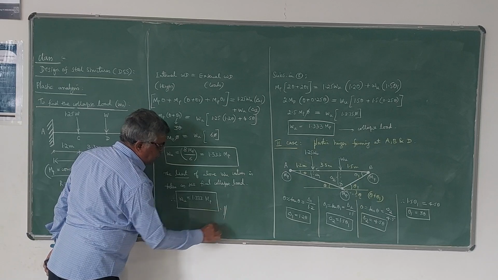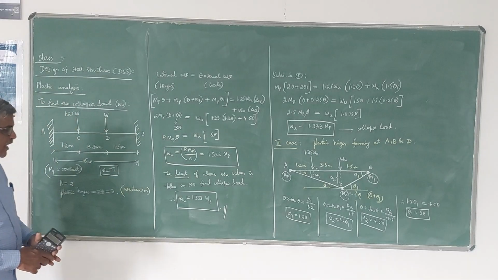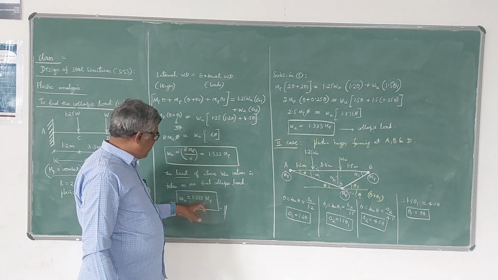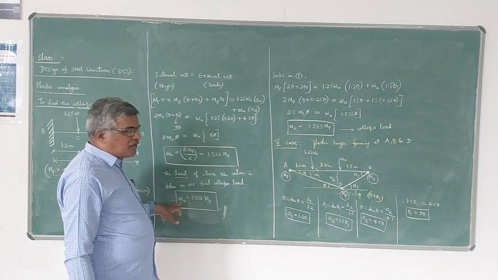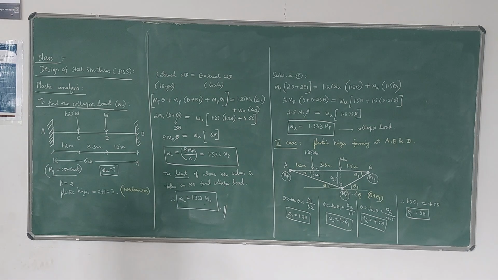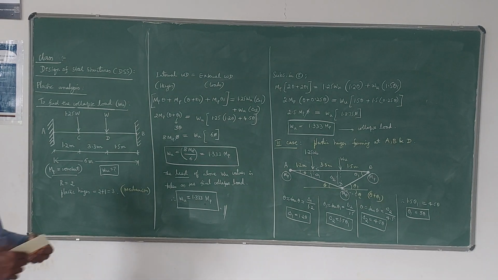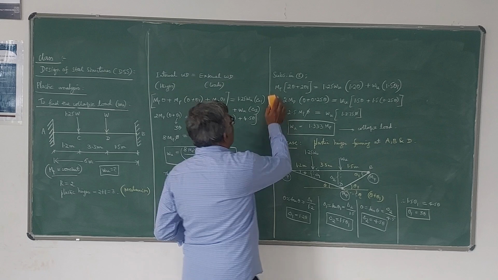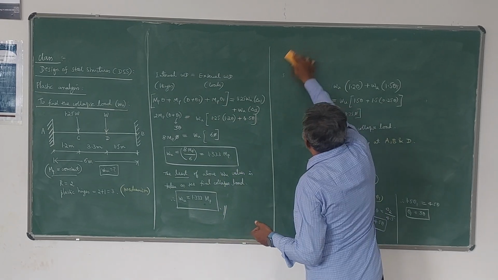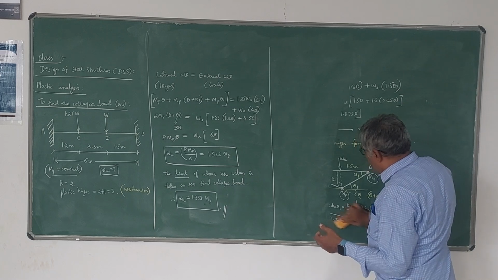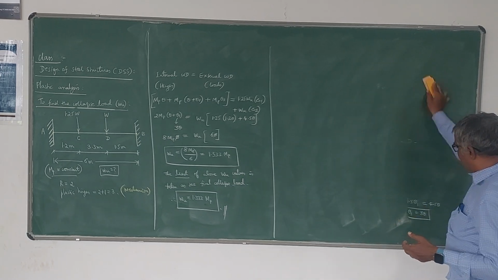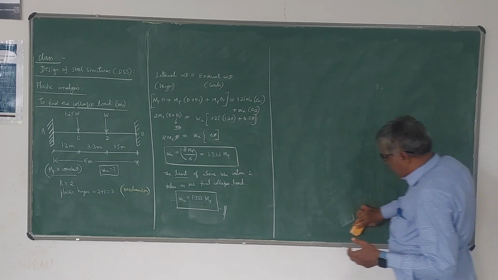So by knowing the fully plastic moment carrying capacity of the section, we can find out the value of collapse WU. I will give an example here. If you take MP as 100 kilonewton meter, let us say, what is the corresponding W value you can have? That means at what load the beam will transform to a mechanism. Mechanism means failure, collapse.